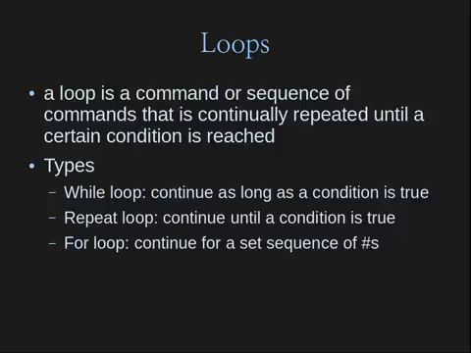The one that we're going to talk about is what's called a for loop. It's going to continue through a set sequence of numbers. So this essentially has a certain number of iterations it's going to go through. It's not going to do any checks other than just to say, have we gone through this sequence yet? And if not, we're going to keep going until we go through that sequence. Hopefully this will make more sense if it doesn't quite make sense at this moment.